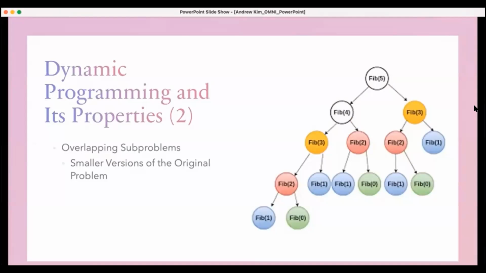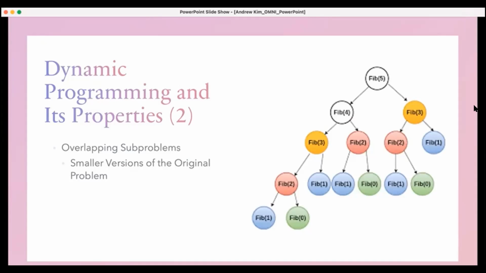To determine whether we can optimize a problem using dynamic programming, you can look at two formal criteria of dynamic programming problems. First, a problem must have overlapping subproblems for dynamic programming. Subproblems are smaller versions of the original problem, and any problem has overlapping subproblems if finding its solution involves solving the same subproblem multiple times.